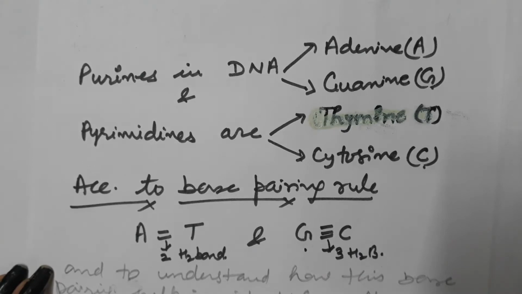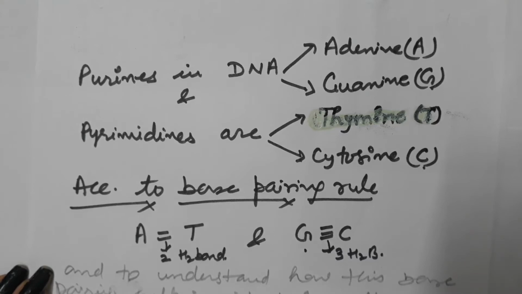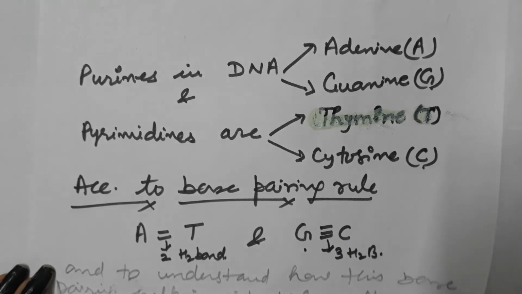To understand how this base pairing helps in identifying the sequence of nitrogenous bases on the other strand of DNA if we know the sequence of one strand, let us understand this with the help of an example.